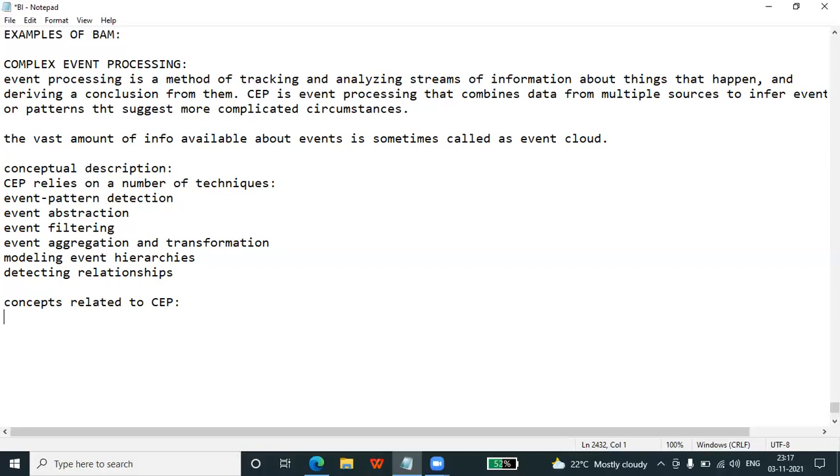Like CEP engines, event correlation engines analyze a mass of events, pinpoint the most significant ones, and trigger actions. However, most of them do not produce new input. Instead, they relate high-level events with low-level events.